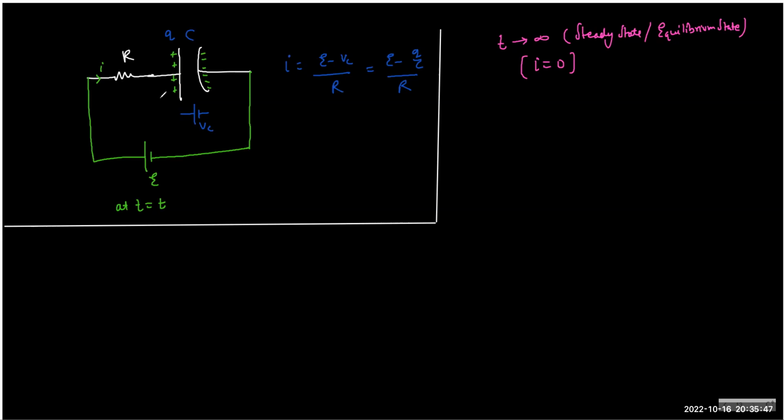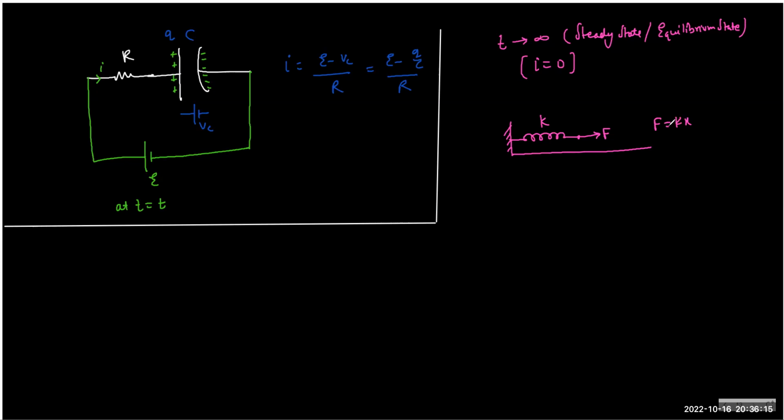So basically, this RC circuit is like a spring which is pulled with a force. Up to what extension will it stop? When F equals Kx.